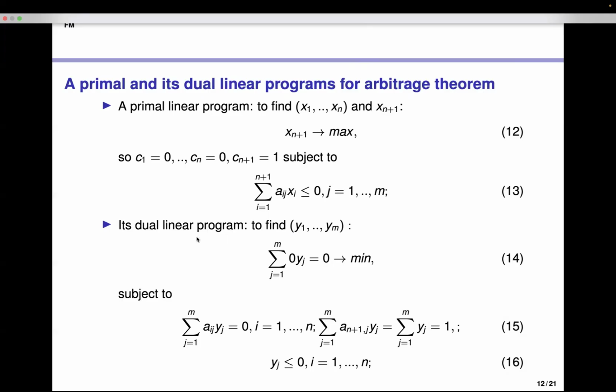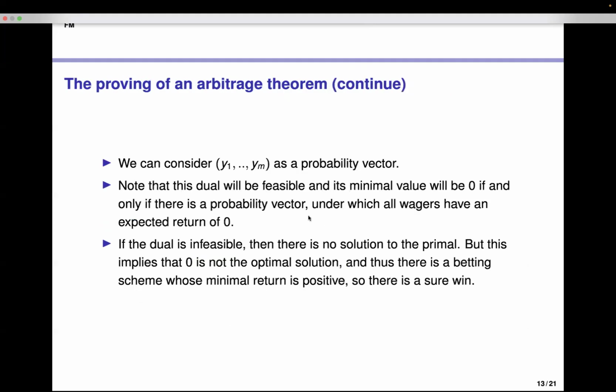And the dual linear program, it is 0 minimum, like on the previous page, subject to this. And after that, we can consider y1 and so on, ym as a probability vector, because the sum of these y equals 1, and every coordinate is more than 0.